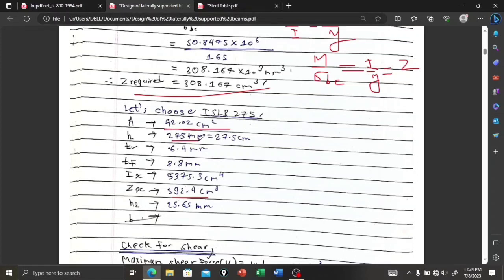Depth here is 275, that is 27.5 centimeter. tw and tf are 6.4 and 8.8.